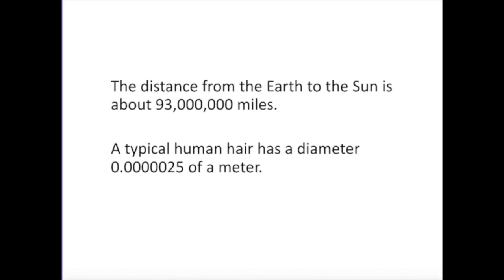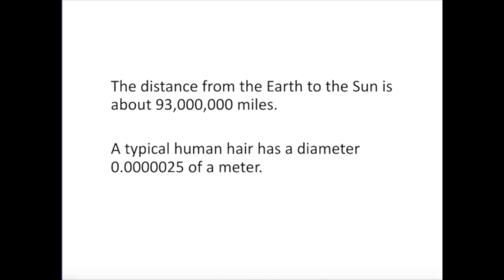Now that's a very, very large number, and it has so many zeros, and every time I write 93 million miles, I have to count all of those zeros. So there is a strategy that would help us to write this and not have so many zeros to count and figure out. So scientific notation helps us do that with very, very large numbers.